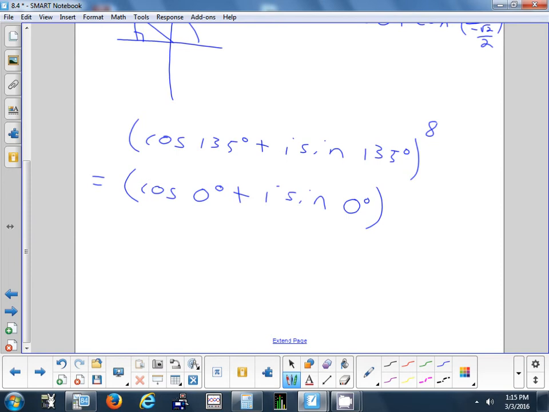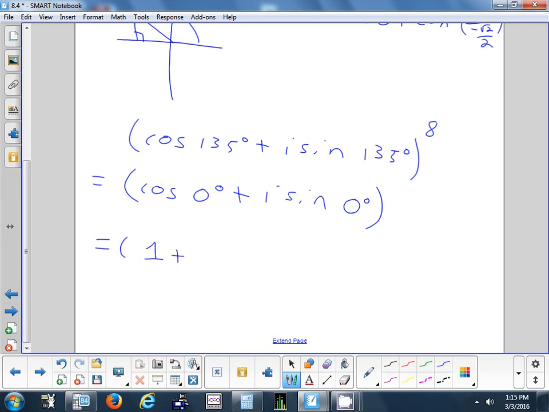Anytime that you get angles here that are multiples of 0, 90, 180, 270, or even actually anything that's a multiple of 30, we can write nice answers. Multiples of 30 aren't as nice because you have to remember if it's like a root 3 or a root 2. But multiples of 90 are even easier. There's no square roots. What's the cosine of 0? 1.